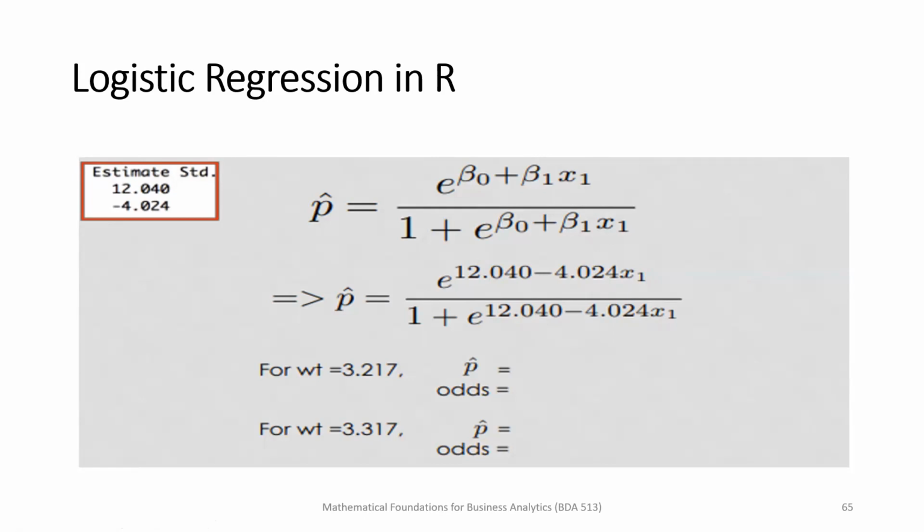So in order to calculate the probability, are we going to be given the values, like weight equals 3.217, for the others too? Yes, of course, because that's all you are going to use to predict. Thank you very much.